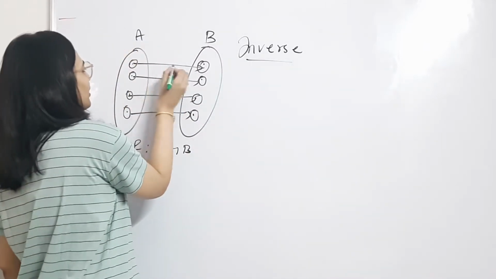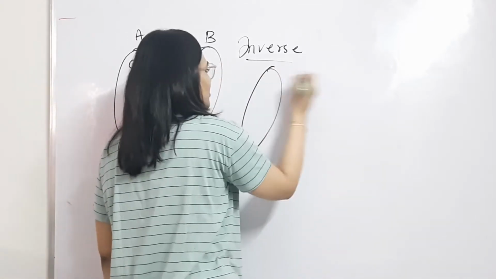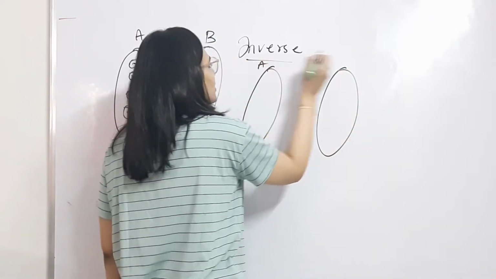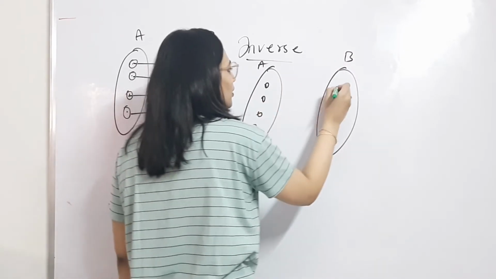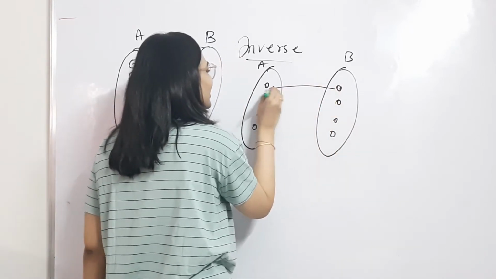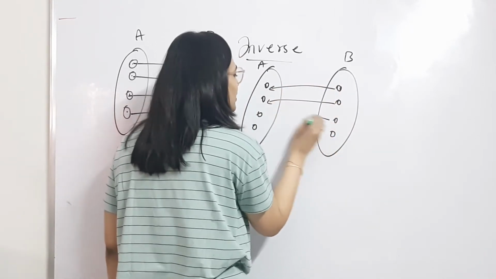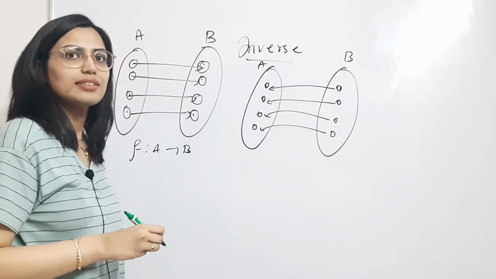Here we have established the relationship from A to B, right? Inverse will be like this. We say this is A to B, and if we say 1, 2, 3, 4, 2, 3, 4. Remember, it should be bijective. We'll say that the inverse of a function is this.